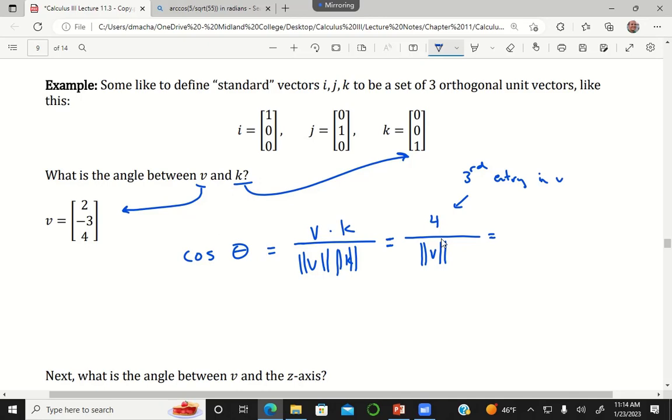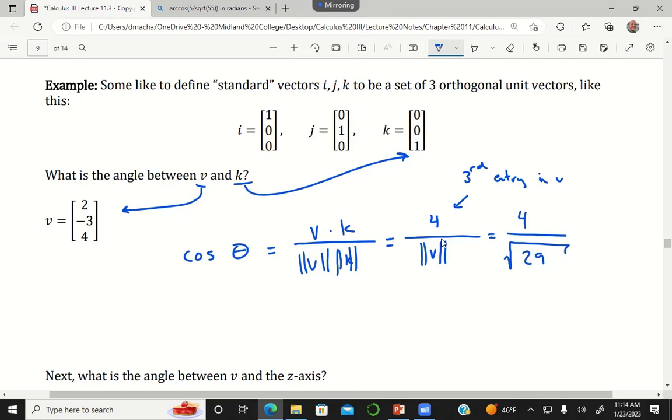The norm of v is going to be the square root of 2 squared plus negative 3 squared plus 4 squared. So that would be 4 plus 9 plus 16, which is 29. Yeah, 29, square root of 29.